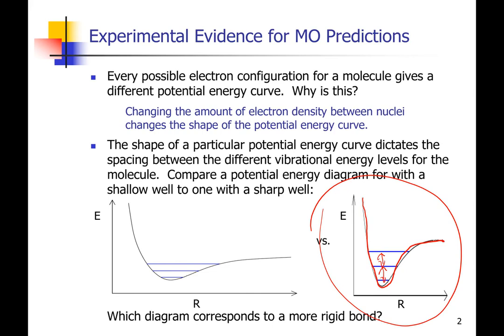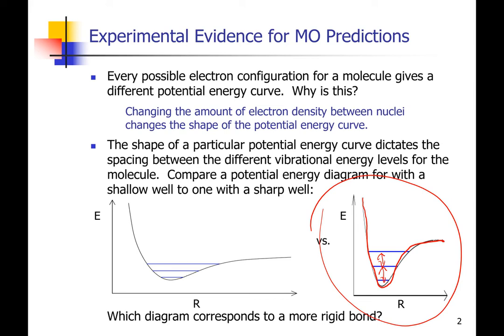So what that means is that to go from having your molecule vibrating a little bit up to a higher vibrational energy level, where the atoms are vibrating a bit more away from each other, requires the input of a significant amount of energy. So if you were to think about something like a really stiff spring, for example, we have to push quite hard to make it bounce.